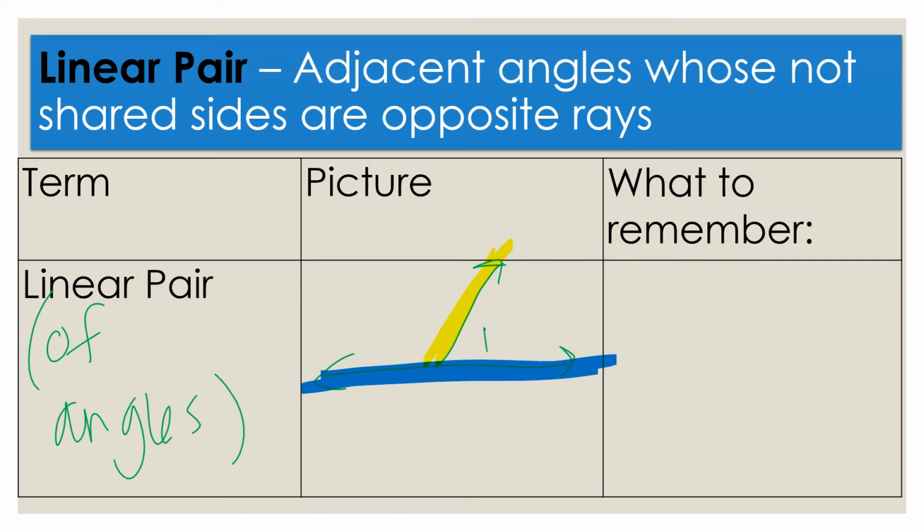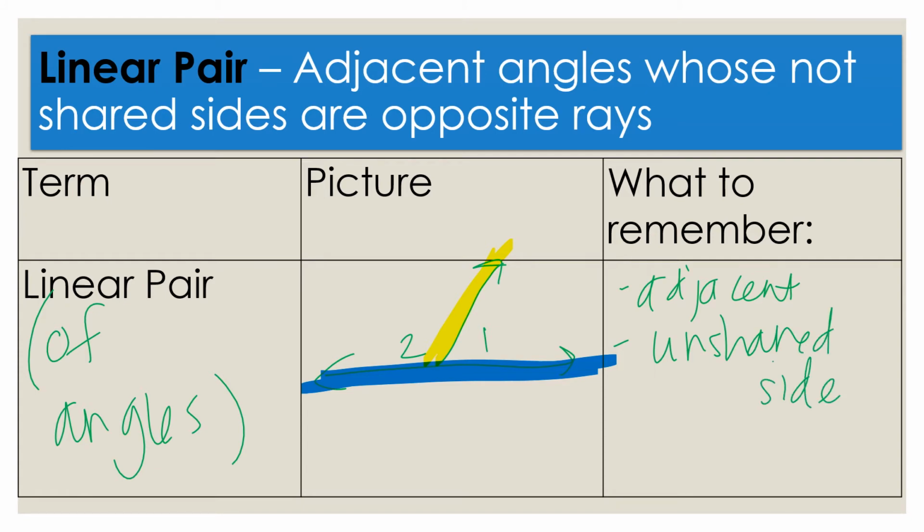And this would be angle 1, this would be angle 2. So they have to be adjacent. They have to have an unshared side that forms a line, which equals 180 degrees.